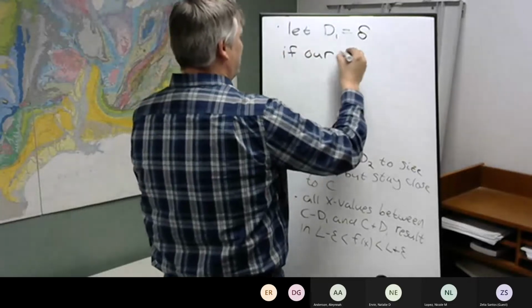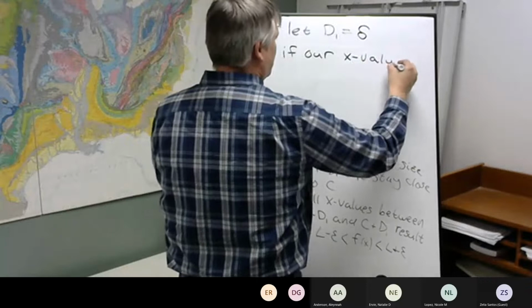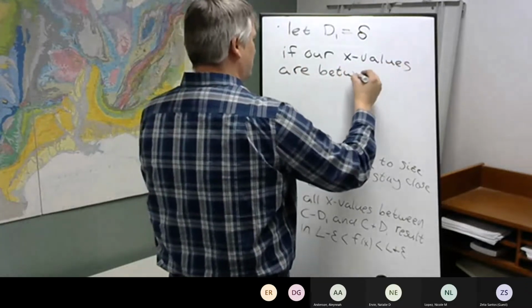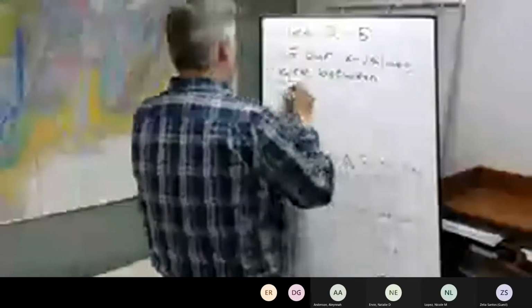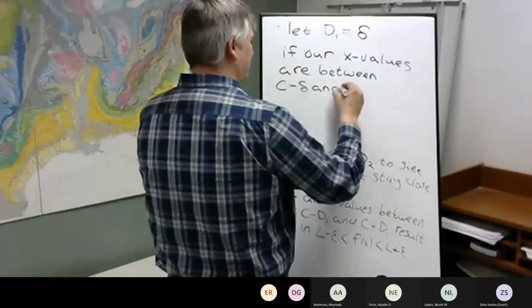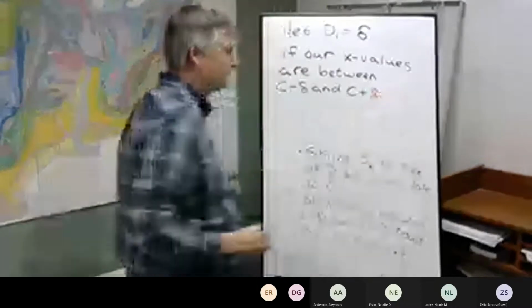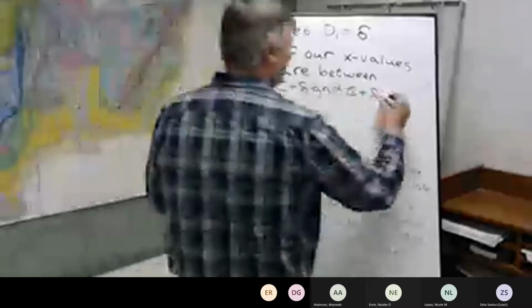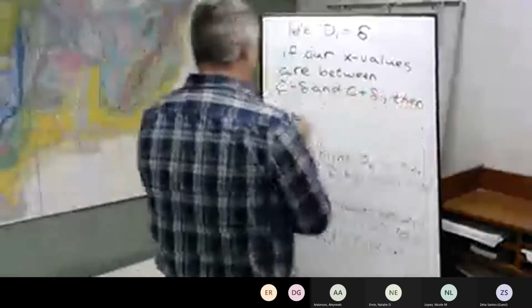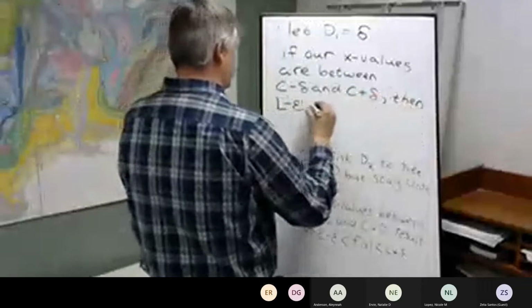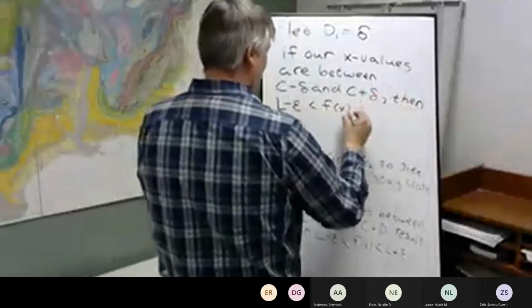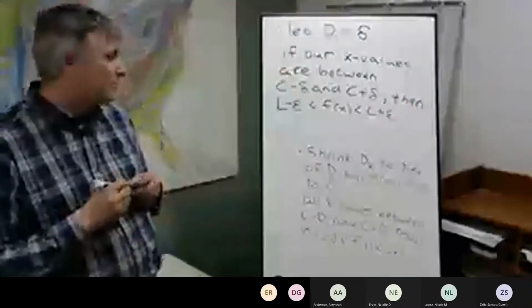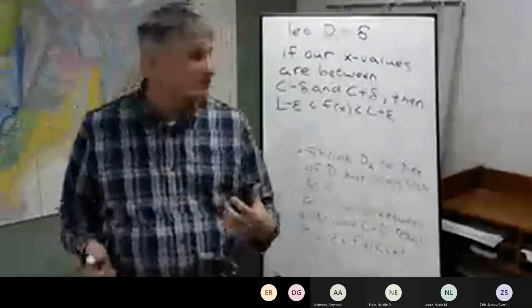If our x values are between C minus delta and C plus delta, for x values between here and here, then f of x will be between the limit minus epsilon and the limit plus epsilon.